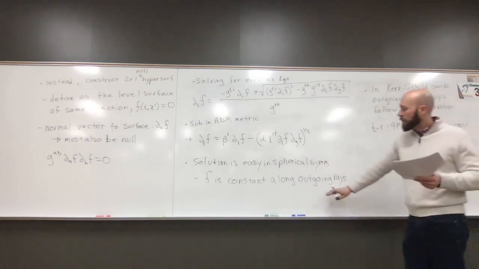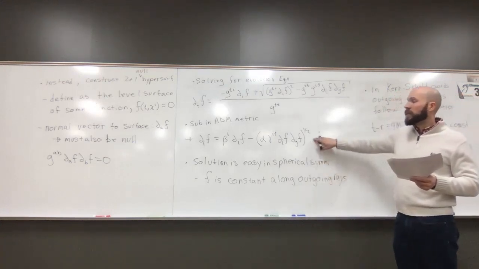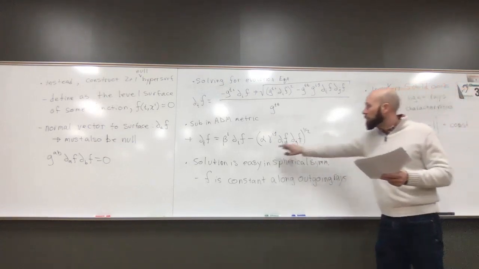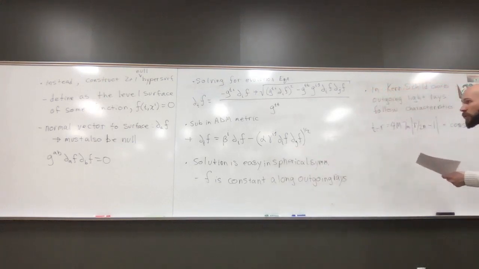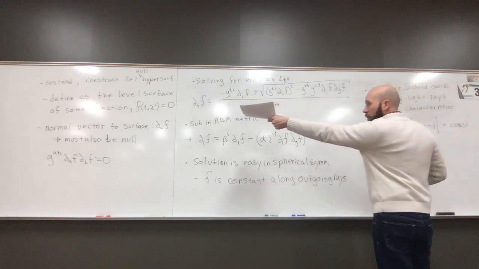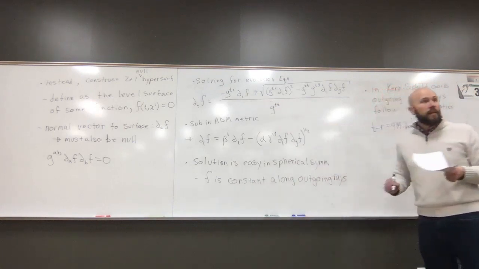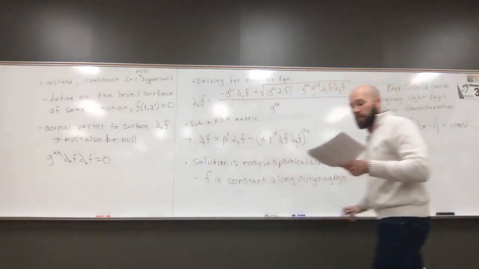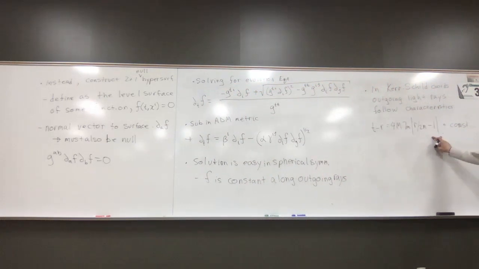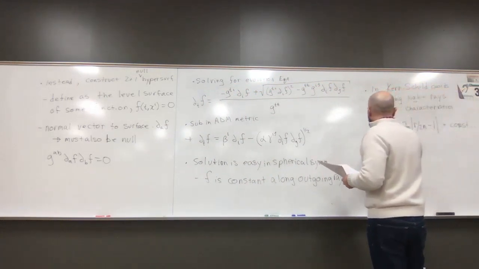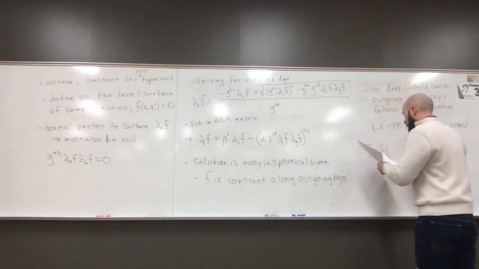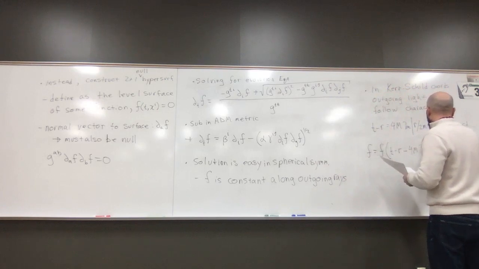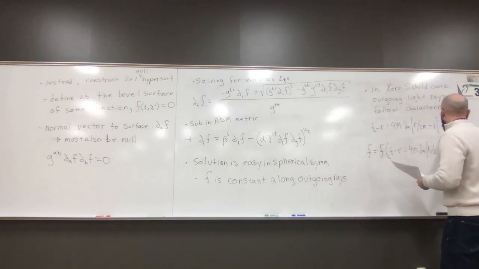F is a constant along such outgoing light rays, and so this has got to be 0. So using this, I can deduce that F, my function, which satisfies my constraint on my null hypersurface here, must essentially be a function of this: T minus R minus 4m natural log of the absolute value of R over 2m minus 1.